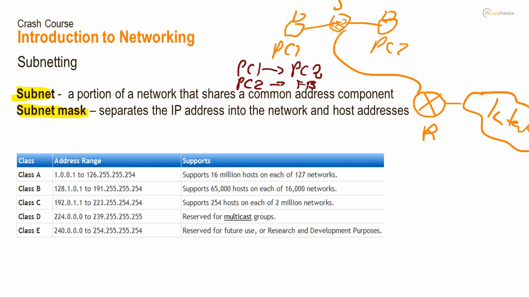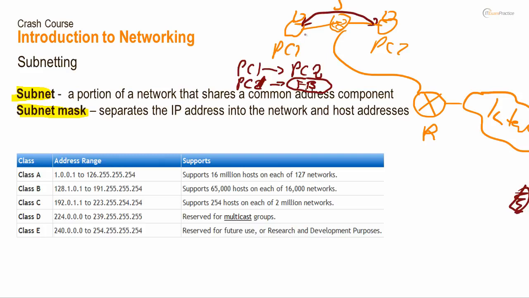If PC1 and PC2 are on the same subnet, they will talk to each other directly. If PC1 is not on the same subnet as Facebook, and of course, Facebook is somewhere else, it is over here somewhere, then PC1 will send it where?